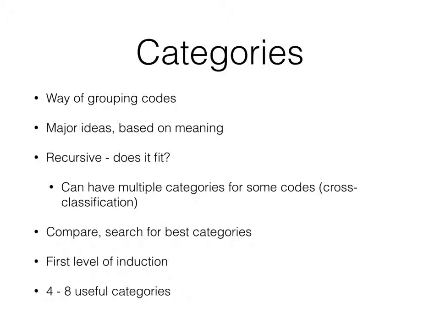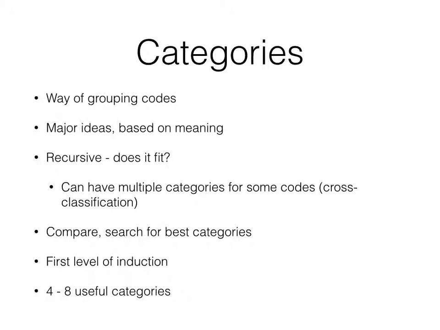So you categorize, you group the codes. Often this is done with major ideas based on the meaning of what those codes represent. This is very much a process in which the researcher is examining very carefully the data that's there and seeing if it fits in that coding and that category.